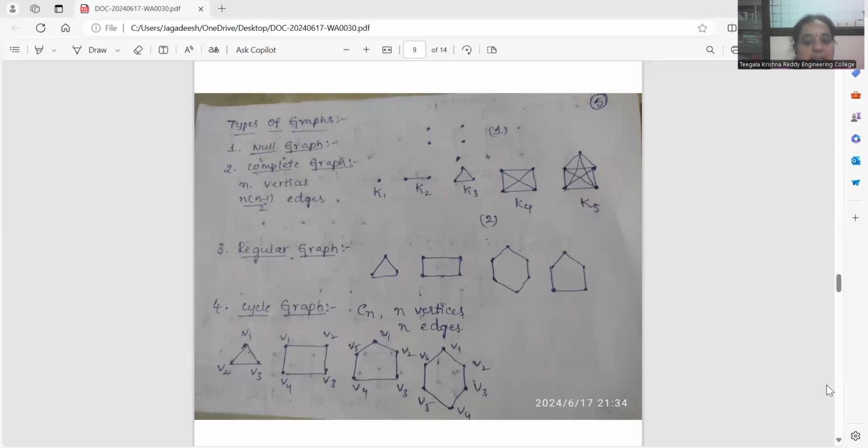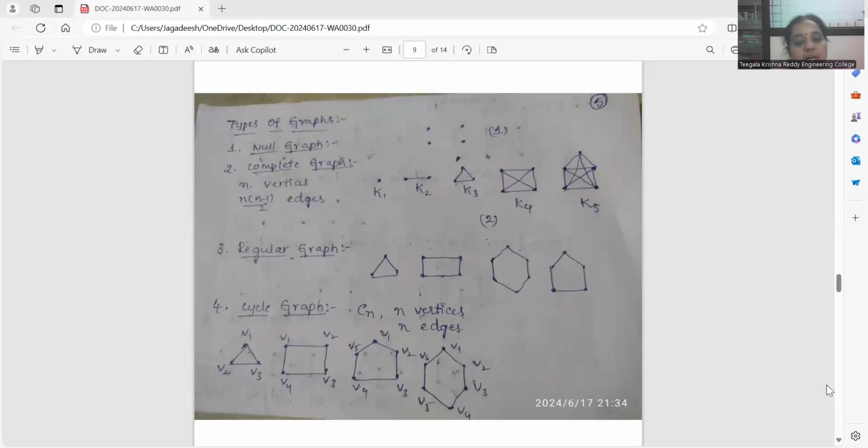Now, what does a complete graph mean? The graph in which every vertex is joined with every other vertex is called a complete graph. See, in K3, the first vertex is connected with the remaining 2 vertices, the second vertex is connected with the remaining 2 vertices, and the third also.